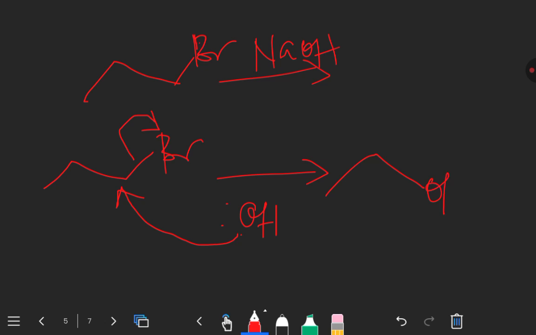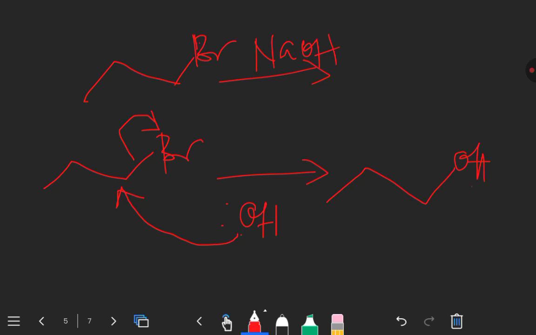So this is what we are going to form. So we'll have this group. Okay, let me just write it like this. So in this case, we are simply forming propanol.